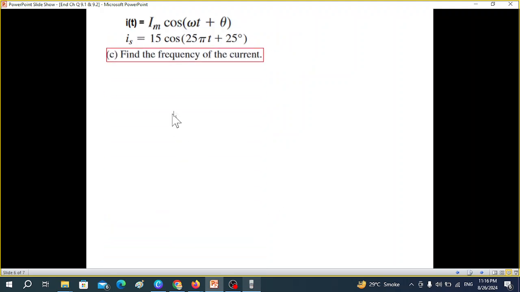Now the third part is find the frequency of the current. We know the formula for frequency is omega over 2 pi. In the last slide we found omega, which was 25 pi, and therefore dividing by 2 pi, 12.5 hertz is the frequency.